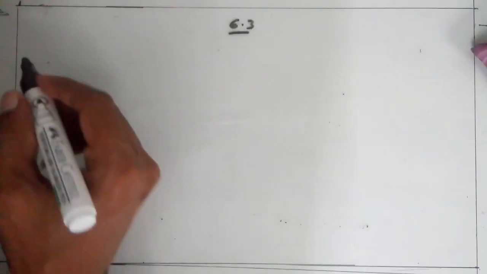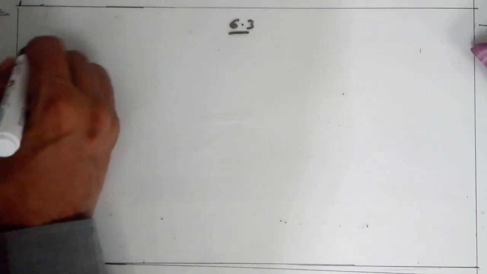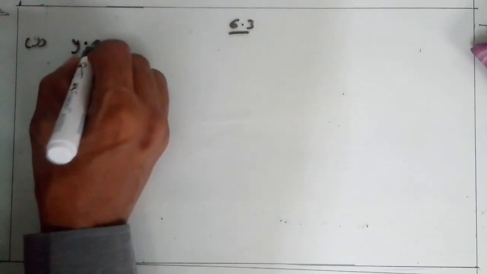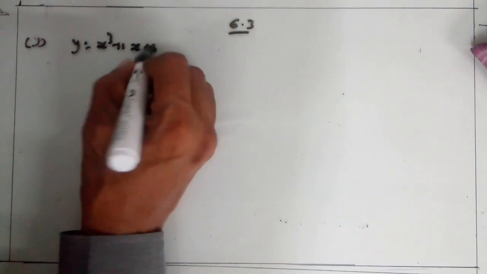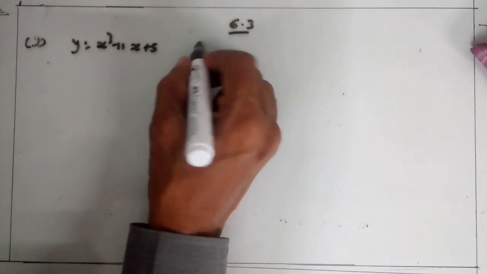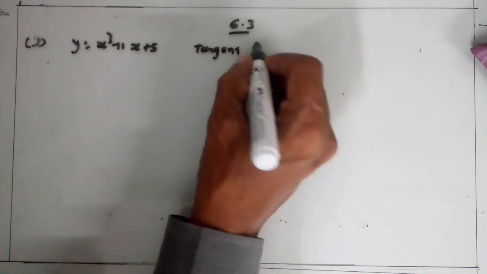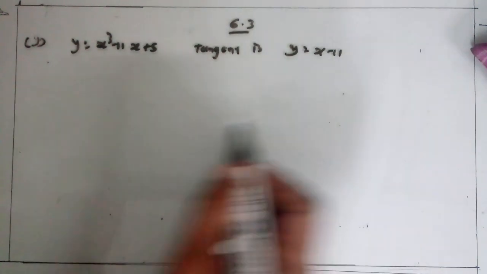Now question number 9. Find the point on the curve y is equal to x raised to 3 minus 11x plus 5 at which the tangent is given by y is equal to x minus 11.